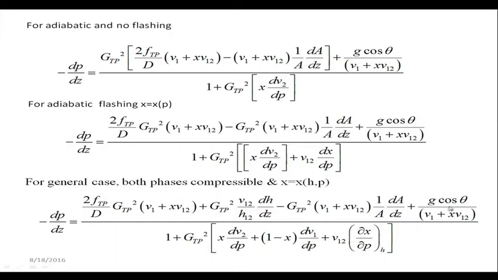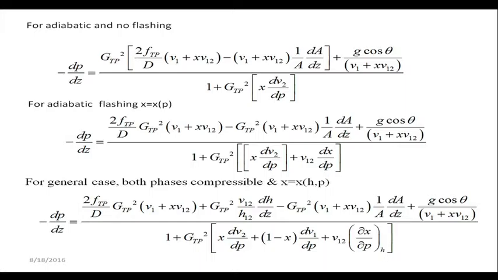There is a gravitational component, and the denominator part comprises terms due to the compressibility of the two phases as a result of pressure gradient along the flow, and also the change in quality due to the flashing of the mixture, as a result of which x changes.